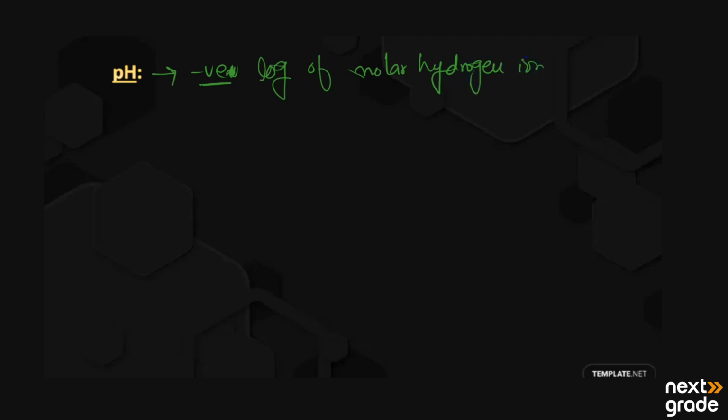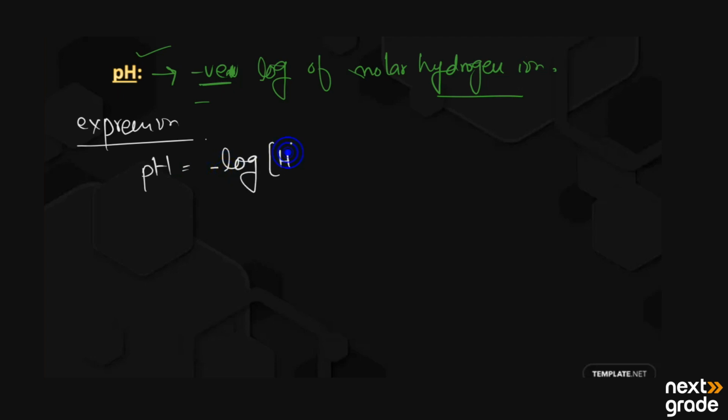If you take the negative log of the molar concentration of the hydrogen ions, this is known as the pH scale. The mathematical expression is pH equals negative log of H positive ions. So this is the pH.